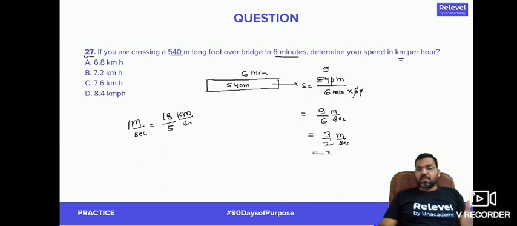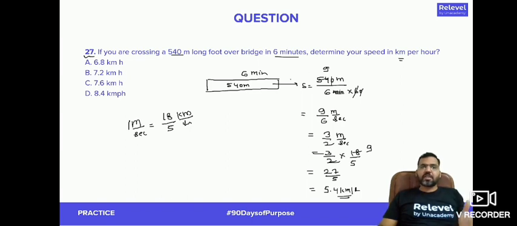So you can simply multiply it by 18 by 5. That is 27 upon 5, right? Which is 5.4 kilometer per hour.